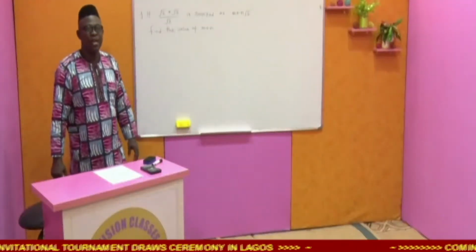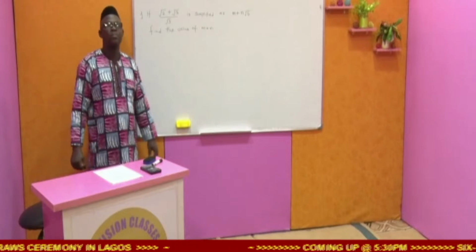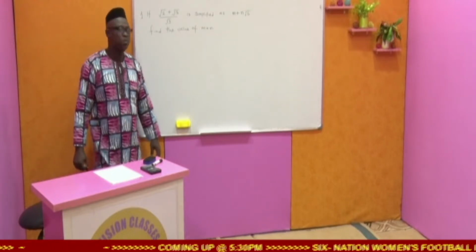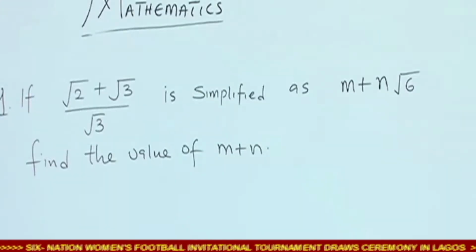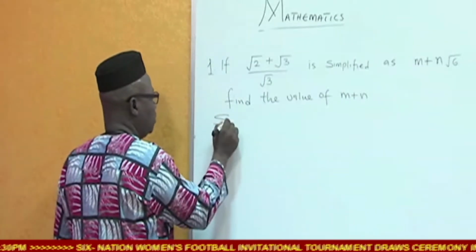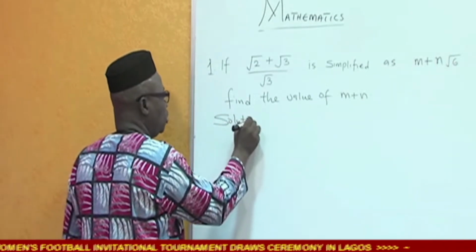Now we are going to look at an example to illustrate how to simplify a surd. The particular question: if root 2 plus 3 divided by root 3 is simplified as m plus n into root 6, we have to find the value of m plus n. So for this question, the solution can go this way.